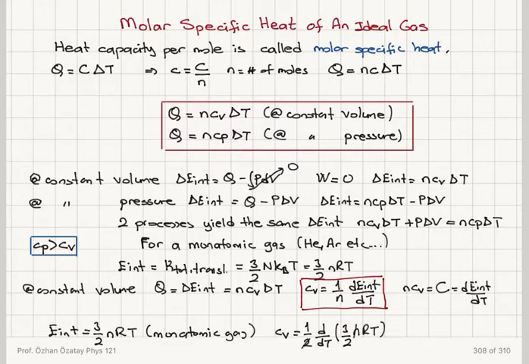So the n's cancel and I get Cv is equal to 3/2 R, which is 12.5 joules per mole Kelvin. So I have found Cv for a monatomic ideal gas.